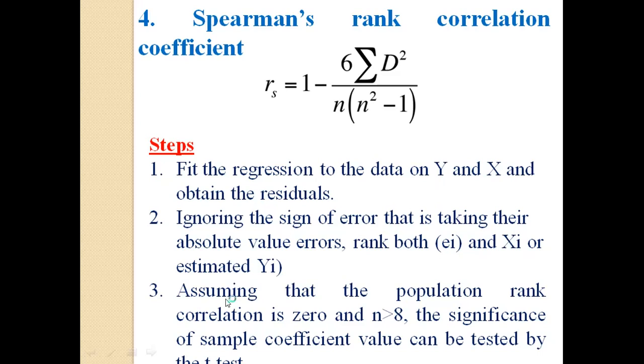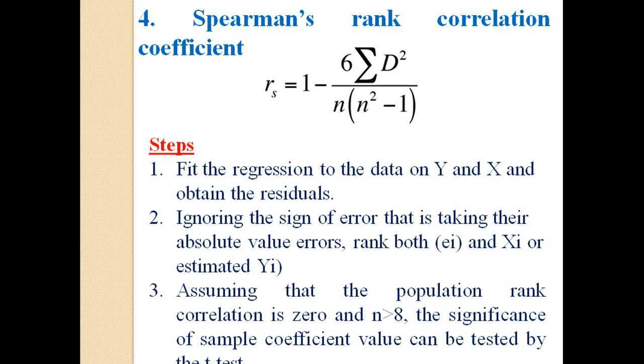After ignoring the sign, you should assume that the population rank correlation is 0. When the correlation is 0, you should conclude that there is no heteroscedasticity.